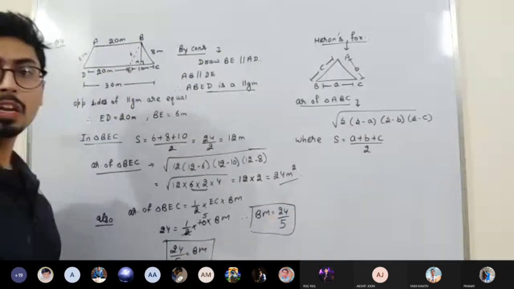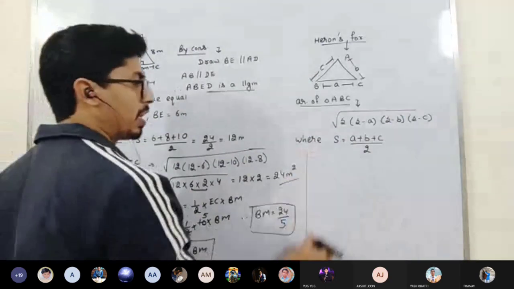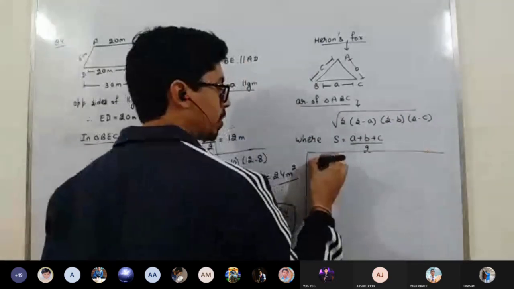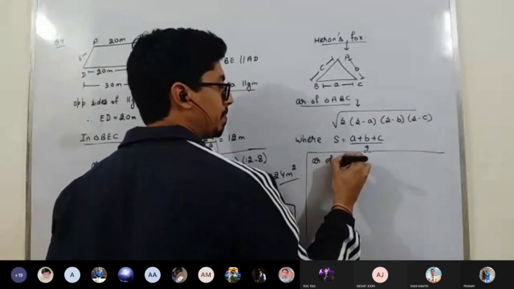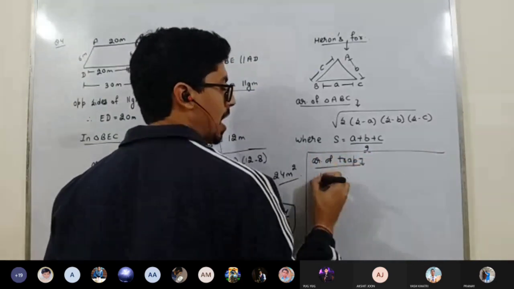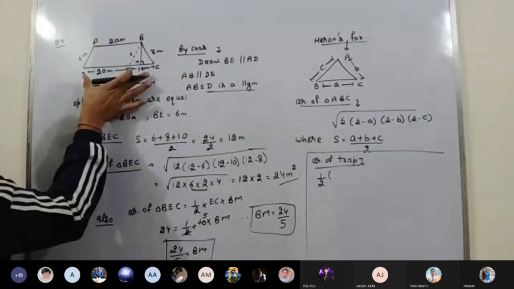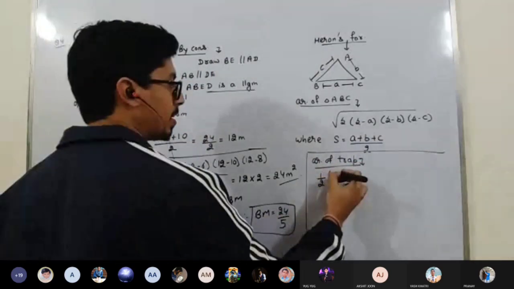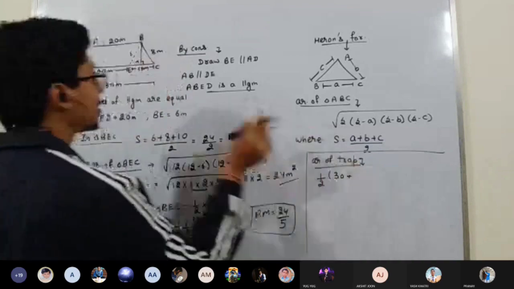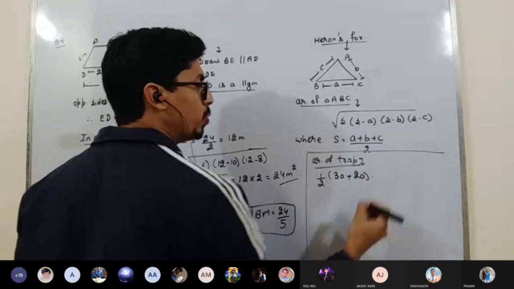Okay. Now students, we know the height of the trapezium as well. So the area of the trapezium I can find out. It will be half into the sum of the parallel sides. The sum of the parallel sides means this 30 plus this 20, into the altitude.